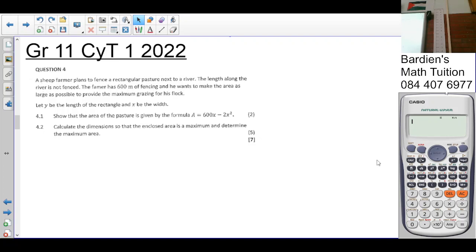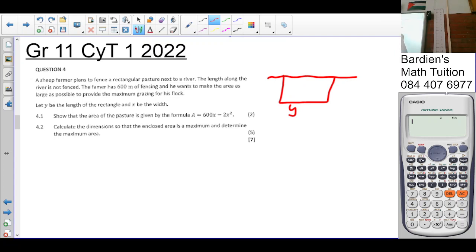So the farmer has 600 meters of fencing that he wants to use to make the area as large as possible to provide maximum grazing for his flock. Here, there's a river on the one side, okay? So let y be the length and the width be x. So that's x and x and the length.